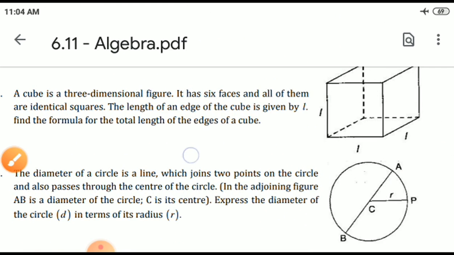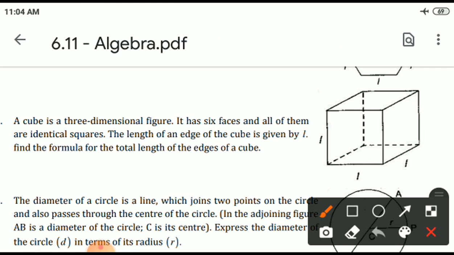Sorry students, I want to take it a little bit down so you can get a clear idea. 1, 2, 3, 4, 5, 6, 7, 8. Then 9, back side 10, that side 11 and 12. 12 L are there. All the measurements are L.